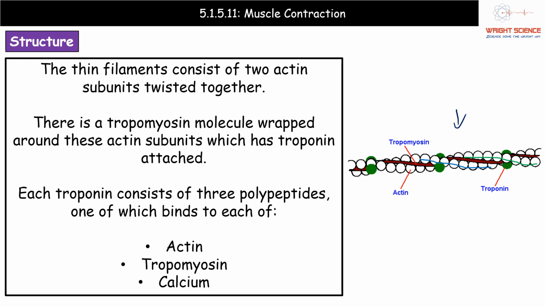So what we find is that we've actually got on that troponin these 3 different places it can bind: onto actin, onto the tropomyosin, and then onto calcium ions. So that's our thin filament. We've got the tropomyosin, the actin, and the troponin all twisted together in this very clear structure.